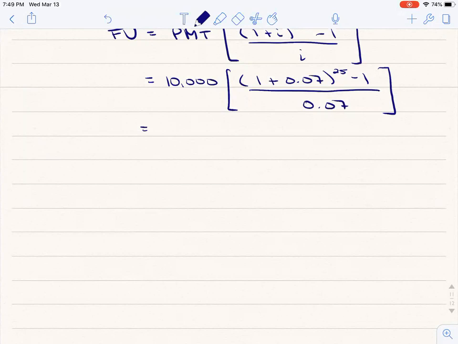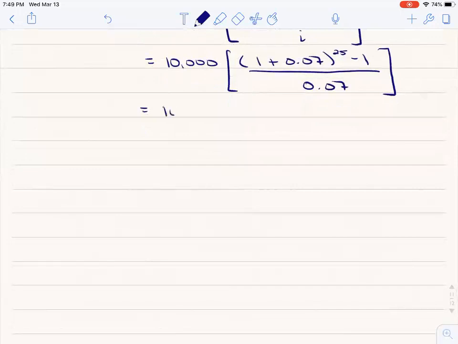I can't remember if I did minus 1 already. 1.07 to the power of 25 minus 1 divided by 0.07. I'll just check in here, but you don't have to. If you went all the way to multiply by 10,000, that's fine.